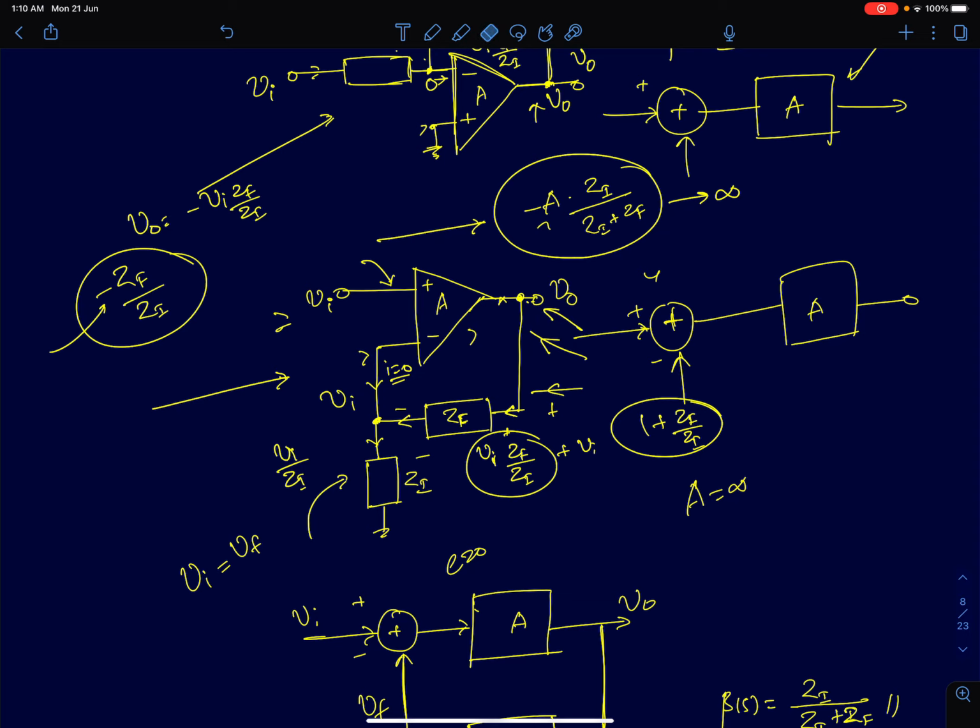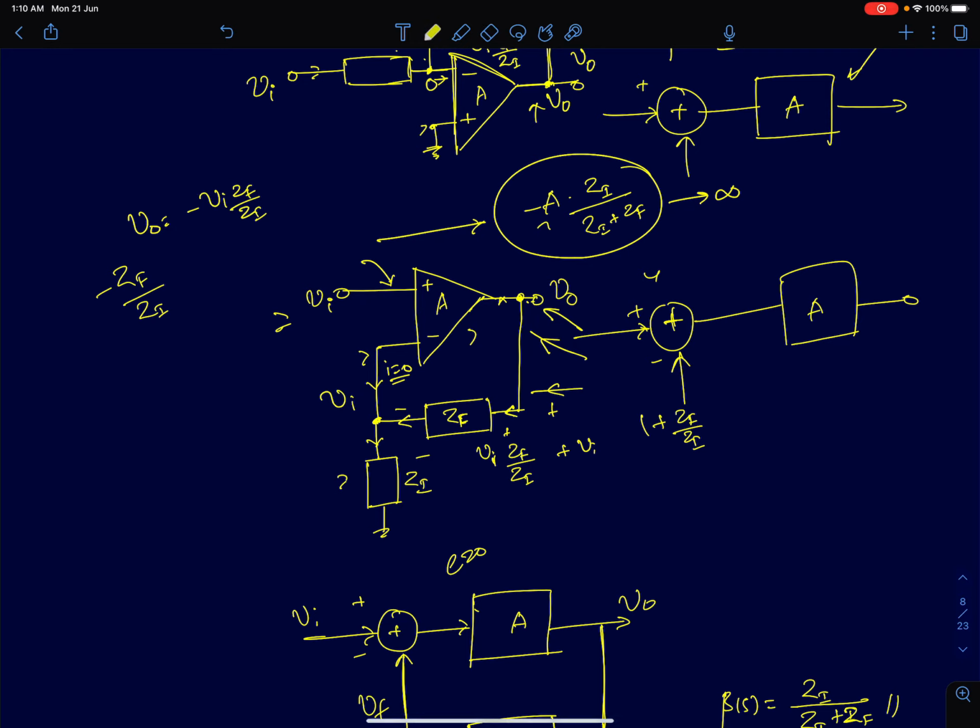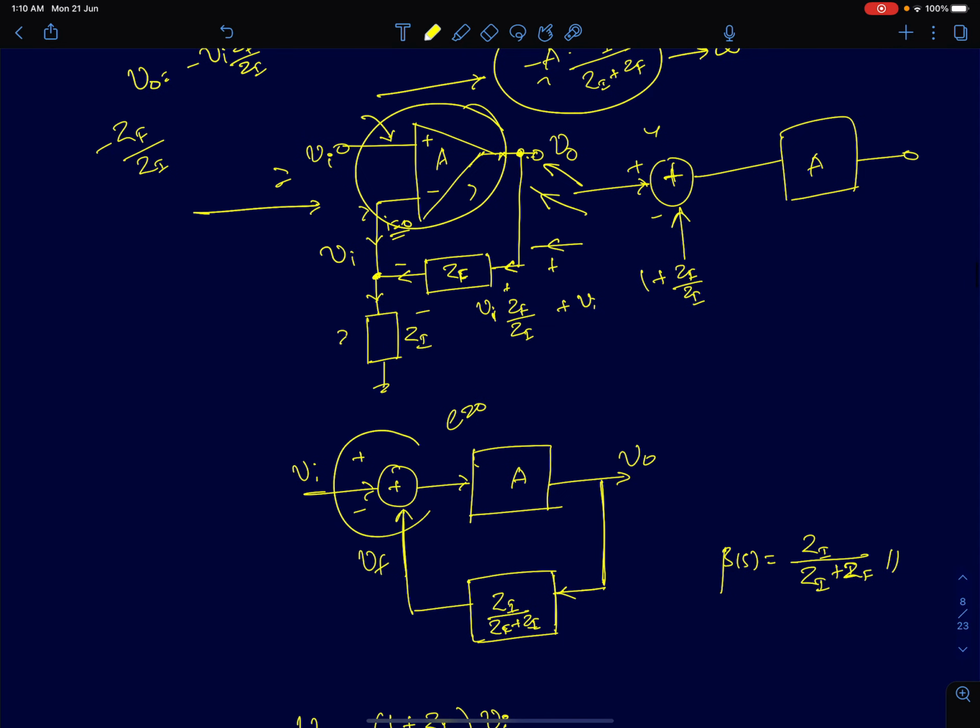There is also a block diagram way of analyzing or interpreting this circuit. First, I'll start with the non-inverting amplifier. It's very simple to analyze using a block diagram approach. I'll just replace this op-amp by a summer and an amplifier with gain A. There is no current flowing through the input of the op-amp, so the fedback quantity is simply Zi by Zf plus Zi, so that's your beta here.